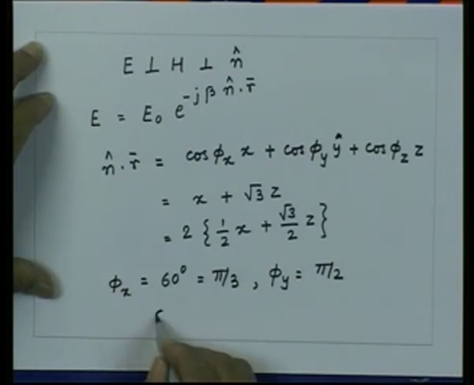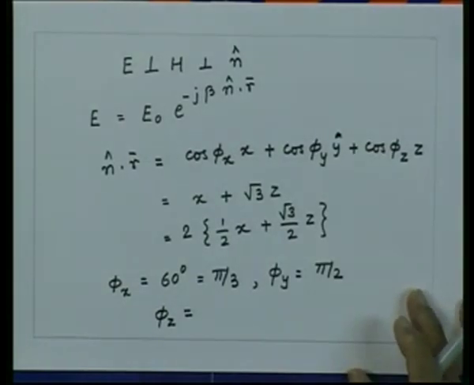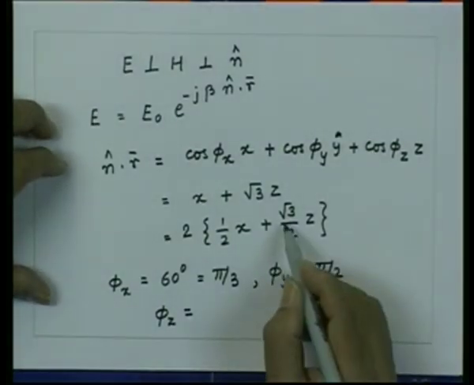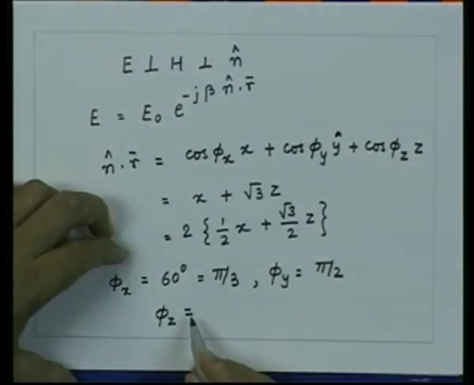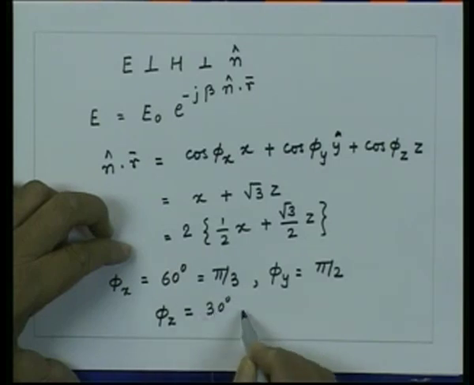And then phi z, which is the angle which the wave vector makes with the z axis, cos of phi z is root 3 by 2, so that is equal to 30 degrees, which is pi by 6.